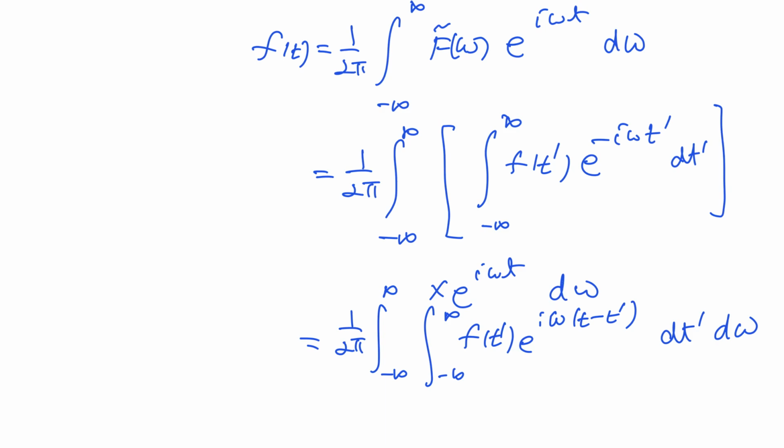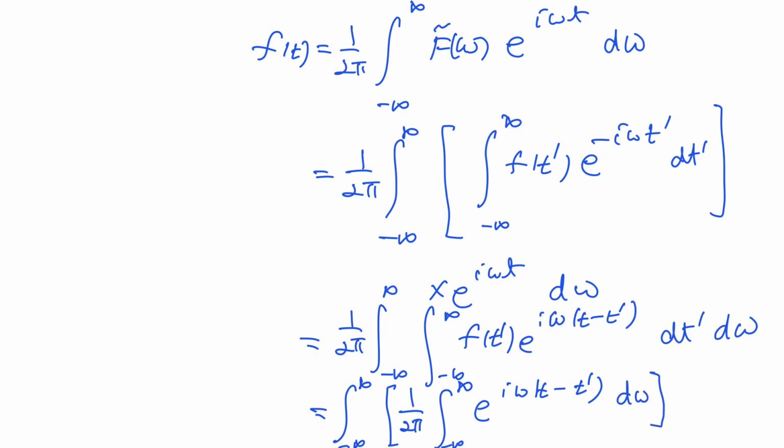But we can exchange the dt prime integration and the d omega integration. Then the following, 1 over 2 pi, integral of exponential i omega (t minus t prime) d omega, times f(t prime) dt prime, is f(t), right?